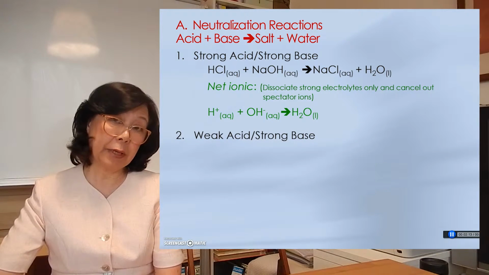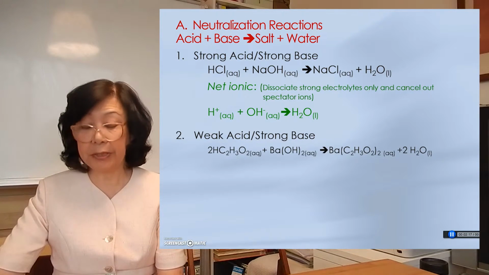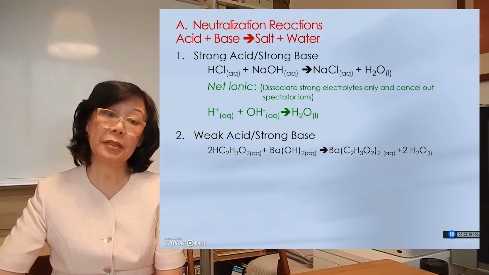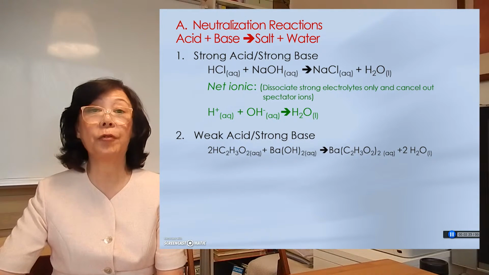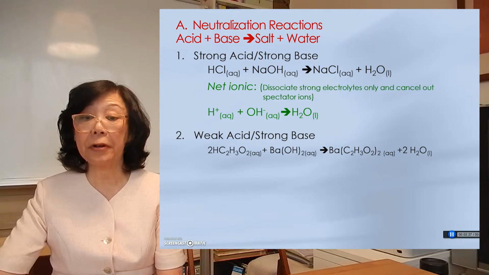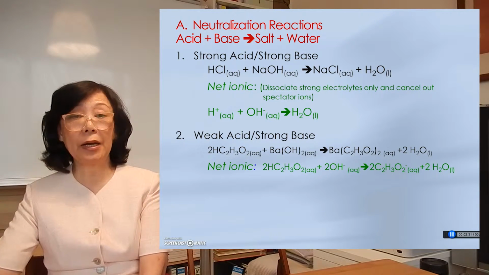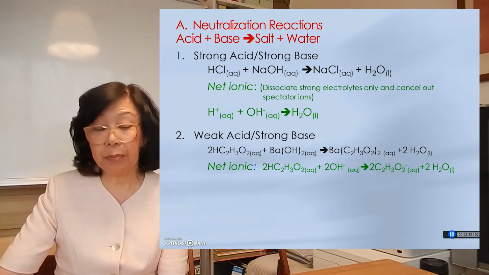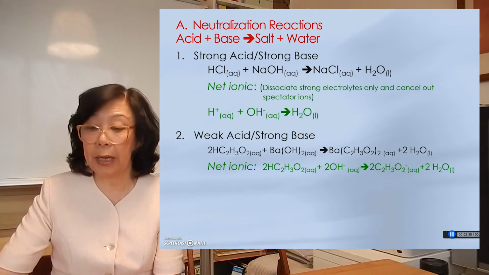The second category would be the weak acid neutralized by the strong base. For example, we have acetic acid neutralized by strong base barium hydroxide to form the ionic compound barium acetate that's soluble in water and water molecule as well. Now when we write the net ion equation, take care because the acetic acid is a weak acid which we do not ionize.